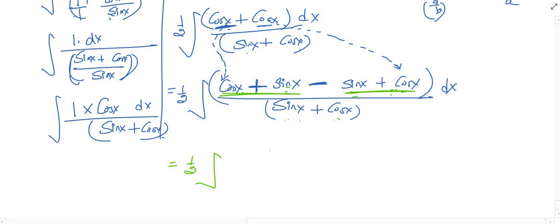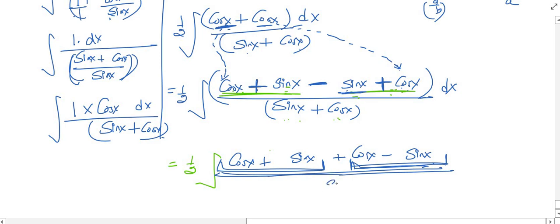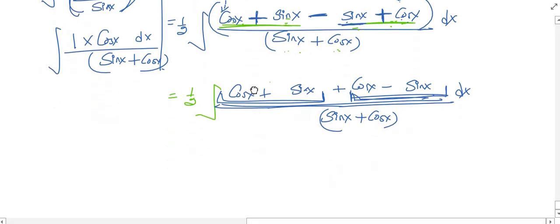Okay, let me just quickly change the order. Plus sin x. First I am writing cos x and then minus sin x. Just changing the order so that I can separate this and this without any sign problem. So I am just writing plus cos x first and minus sin x here. That's all. And down what is there? Look carefully, down is sin x plus cos x. So this is just manipulation going on.